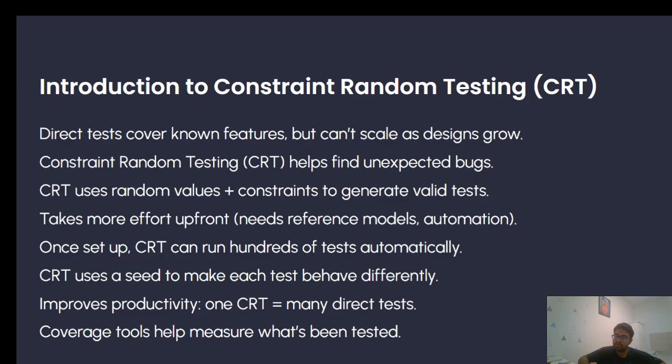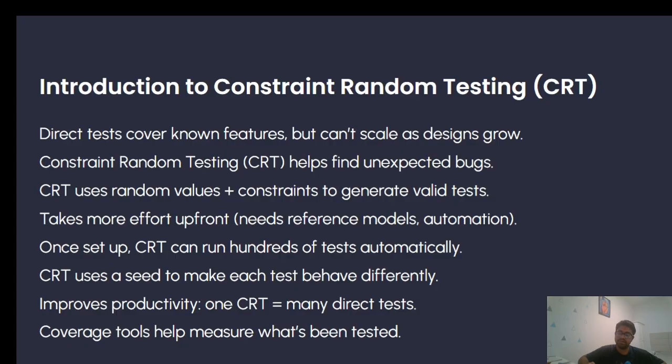Introduction to Constraint Random Testing. As our chip design gets bigger, it is harder to write enough manual tests to check every part. Direct tests only check what we already know might go wrong.